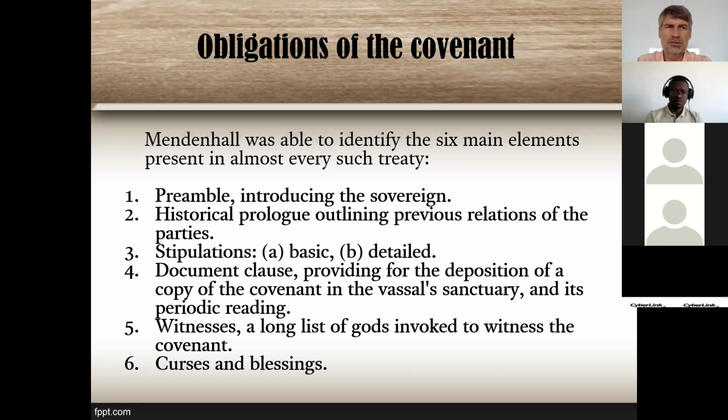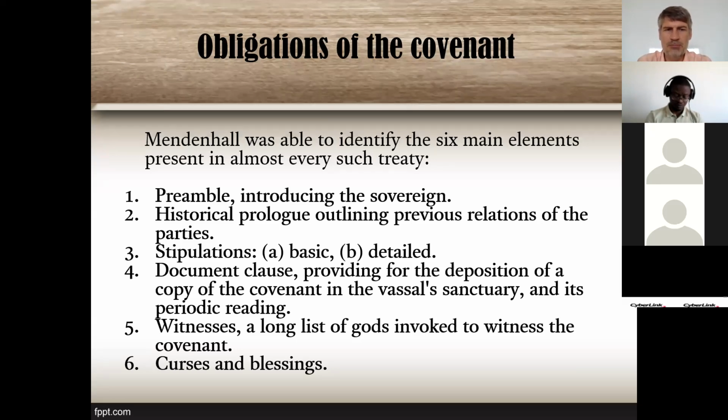Usually those treaties took place when, for example, some minor prince or some minor king wanted to make a treaty with somebody who is more powerful than him. And in this case, he promised his loyalty to the sovereign, and he wanted a kind of protection or some other advantages from the sovereign.